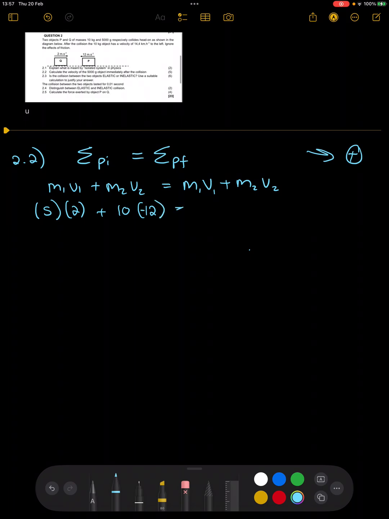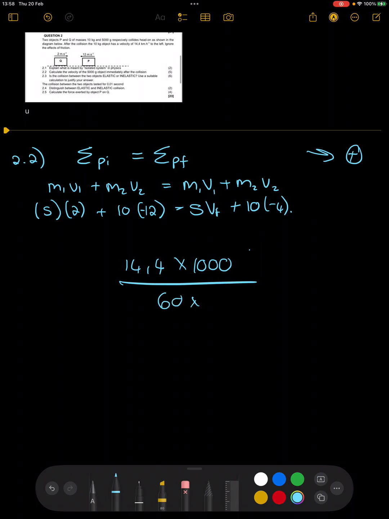Then for the second block, once again, I know that the mass is 5, but my velocity is unknown. My mass for the second one is still 10, but now they're telling me that it's moving 4 meters per second to the left. How we would have known that is we would have said 14,4 times 1,000 divided by 60 times 60.